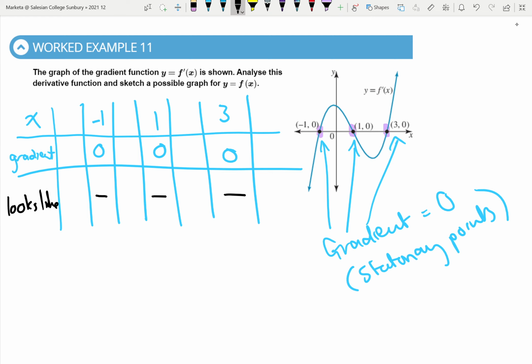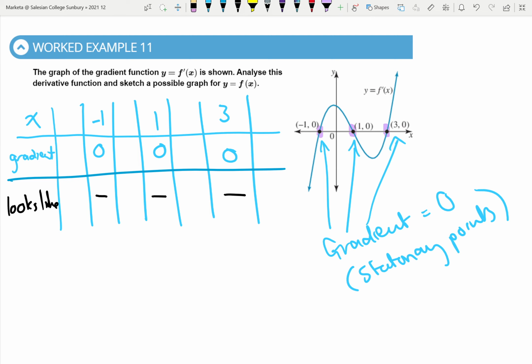So if we're before -1, so less than -1, you've got to be careful because, the gradient of the gradient, you're walking up the hill, that's a positive gradient, but that's not what we need. We're trying to work out what the gradient value is, and we can see that the gradient value is below 0.